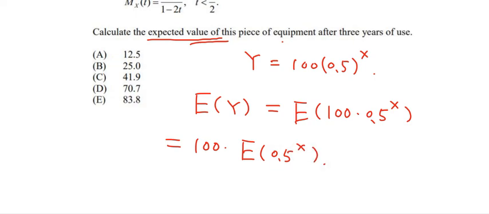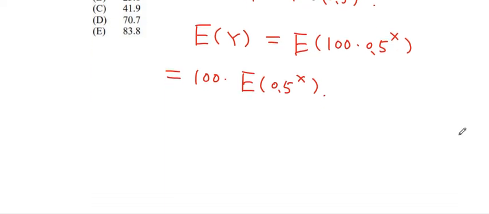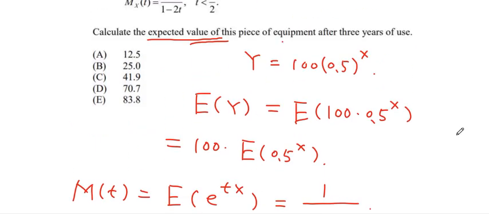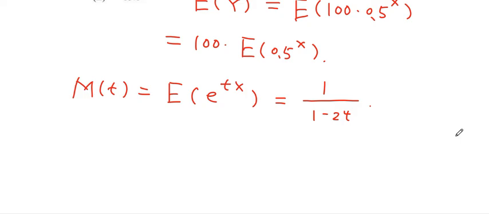For this x, we know the moment generating function. The moment generating function for x, M(t), equals 1 minus 2t.